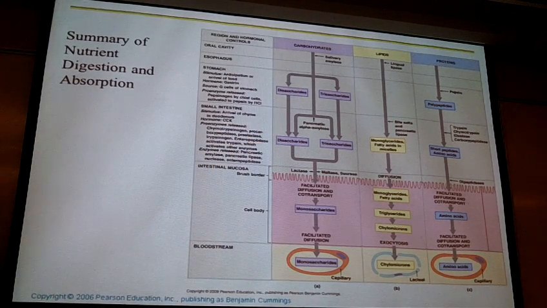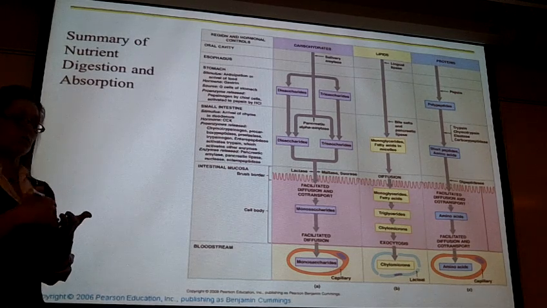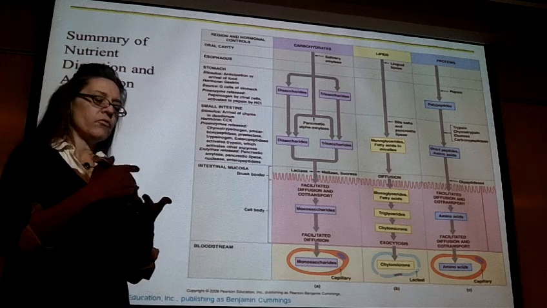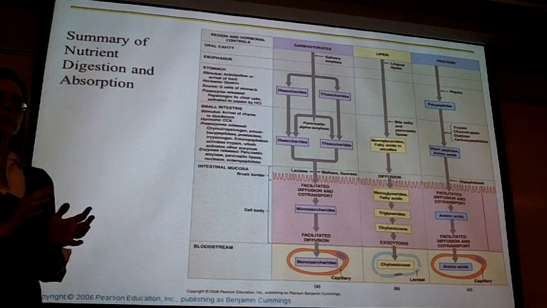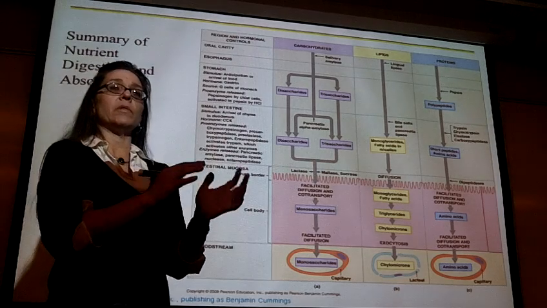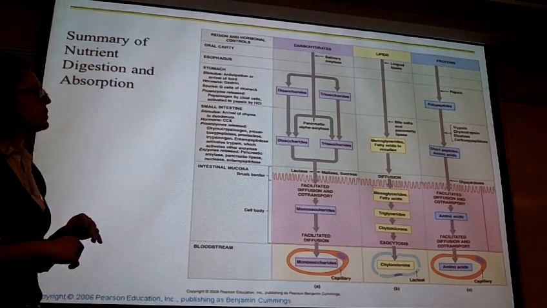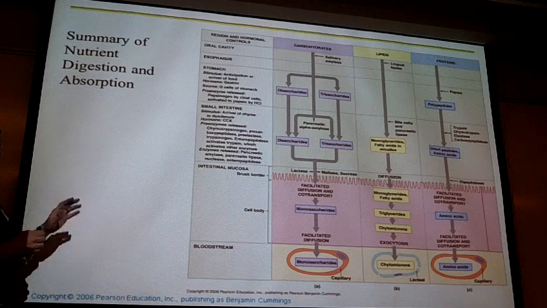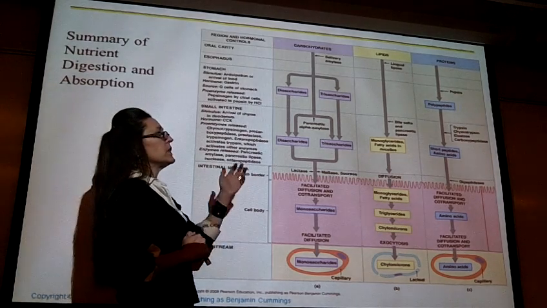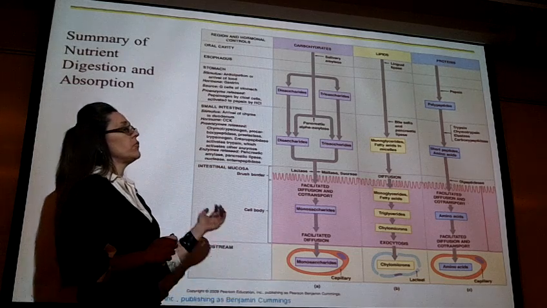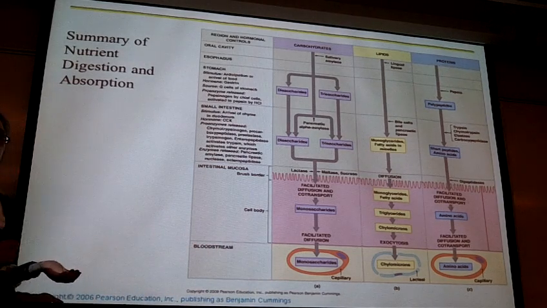But when you're studying, you definitely want to make sure that you understand the 4 tunics, and in every organ, what adaptations of those tunics are happening to allow particular function to occur. You want to know what enzymes are released, where they're released, where they're active, what those enzymes are breaking down.